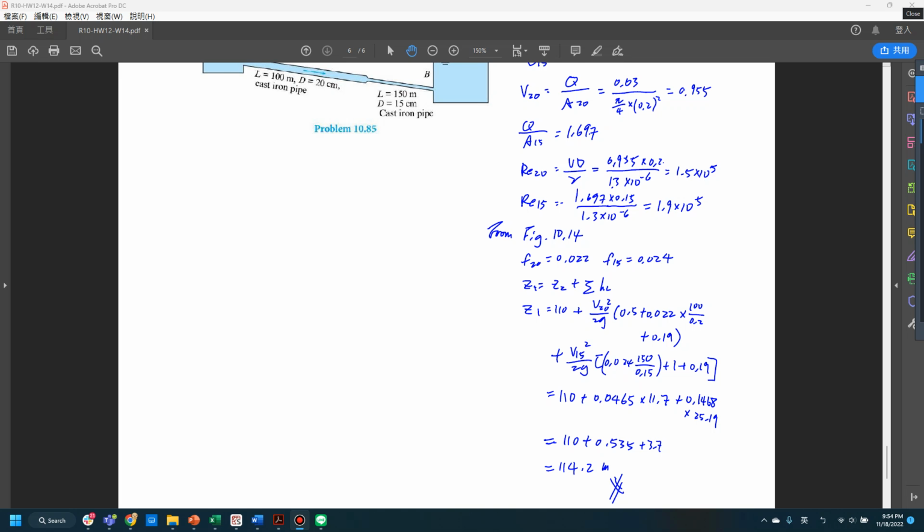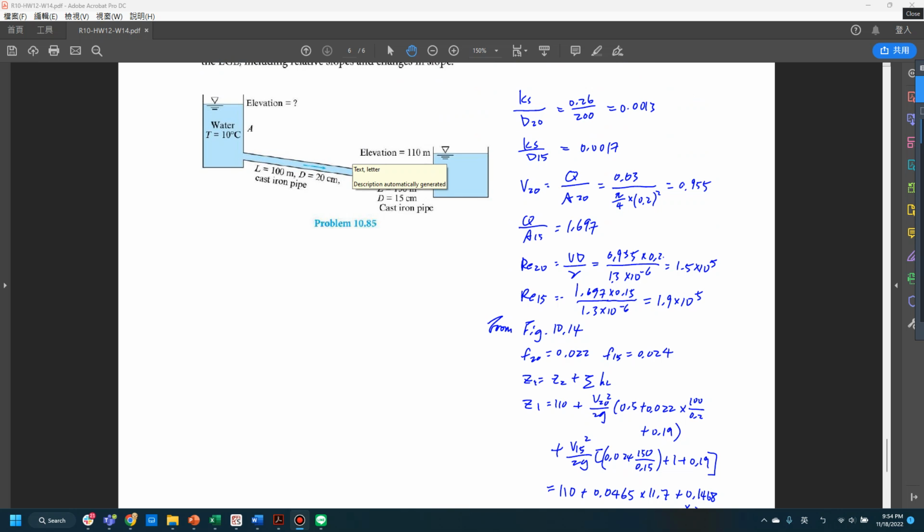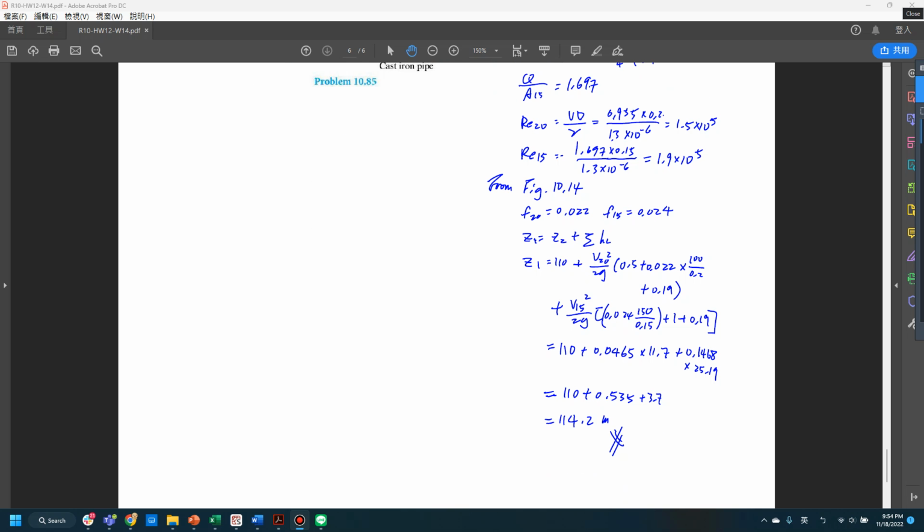And then you can simply plug in the numbers using the friction factor f that we solved for here. And we know that Z2, the elevation of the lower reservoir, is equal to 110.